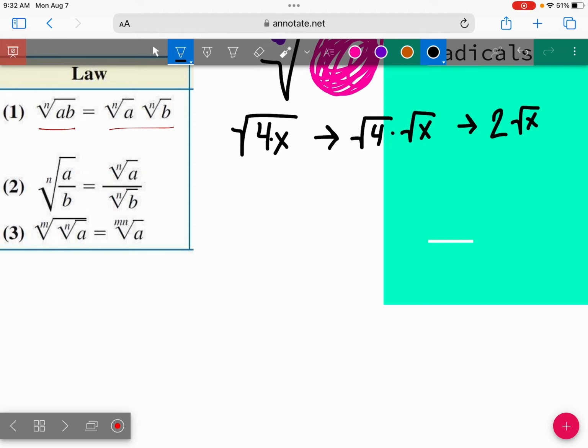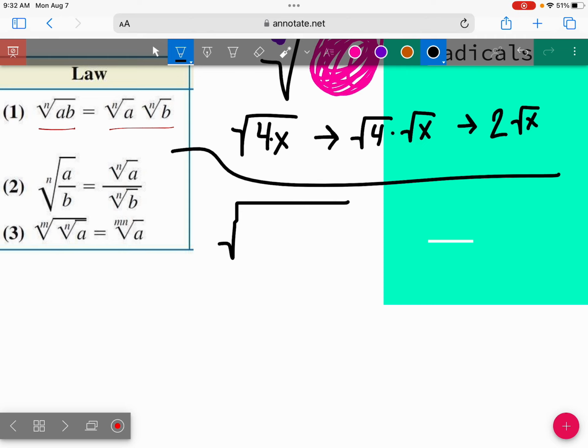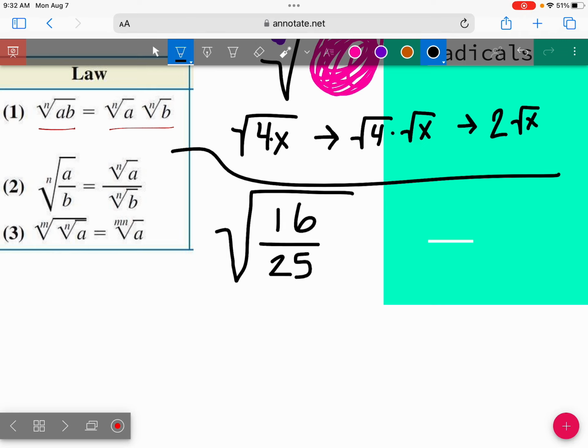That's true with fractions as well. If we have the square root of 16 over 25. You might be able to spot that one. We can split this to be the square root of 16 over the square root of 25.